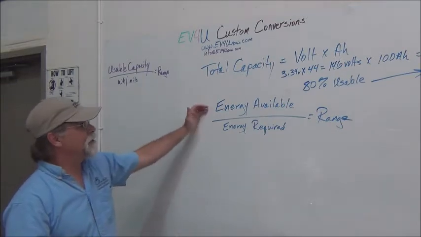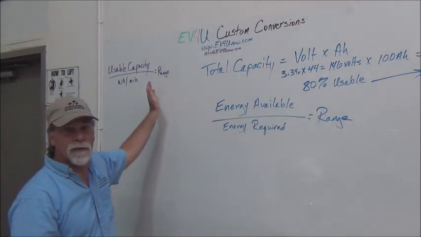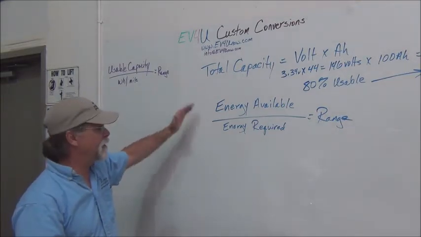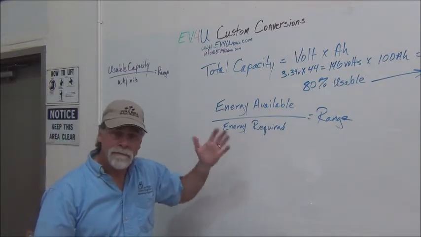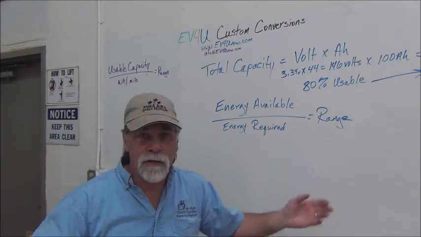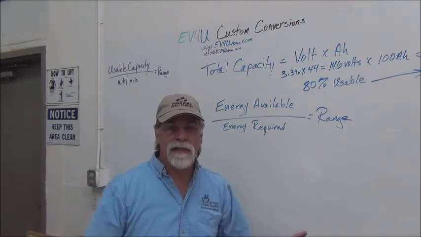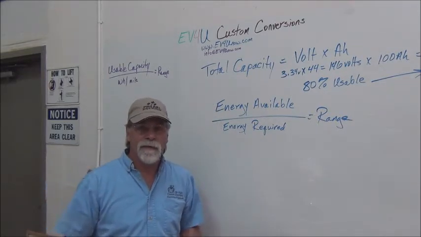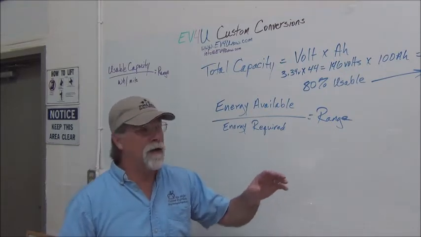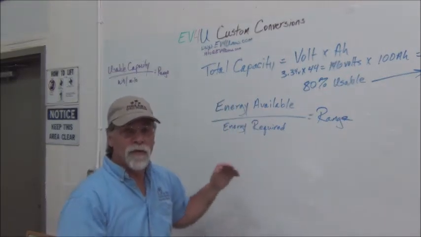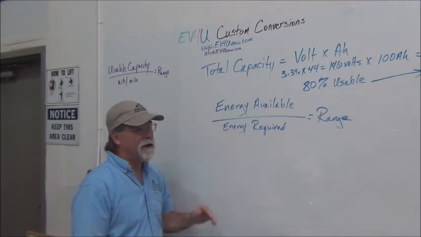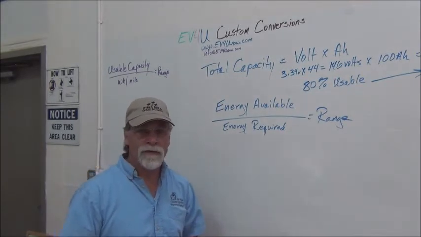So, energy available, that's our usable capacity of our battery pack. Energy required, that's going to be so much energy per distance. So it's easier to say watt hours per mile, because we figured our capacity in watt hours, so why not figure our requirement in watt hours also?